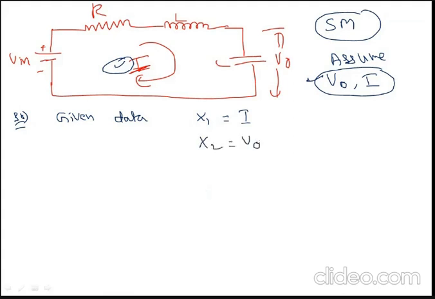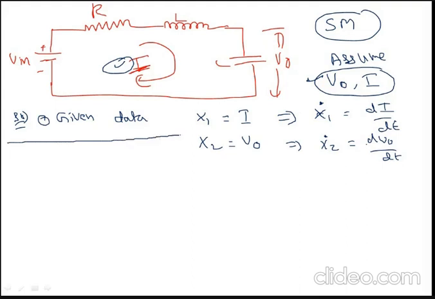So which implies I can write here x1 dot, if x1 is I, then x1 dot will be equal to the first order differential, that is di by dt. And what about x2? x2 dot is equal to dv naught by dt. That is my first step.